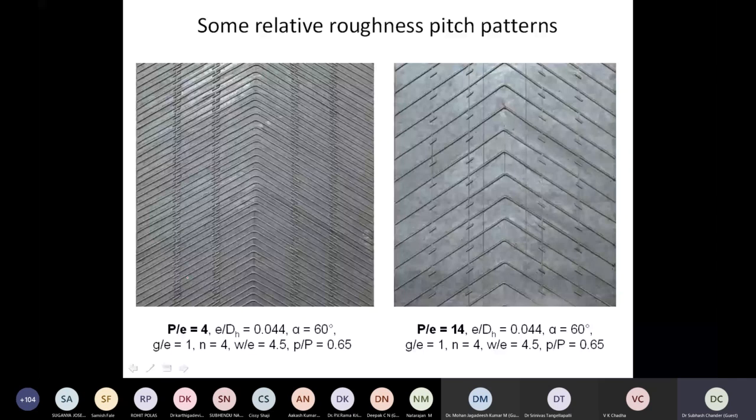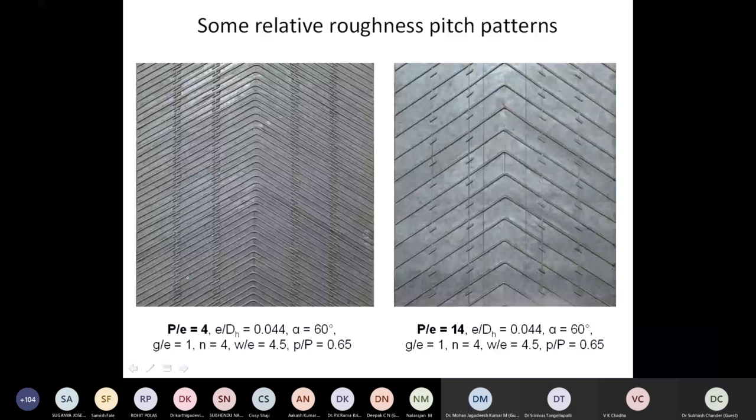This is one type, you can say, smaller pitch, smaller p-value on the left side, bigger p-value on the right-hand side. This is the clustering of the ribs. This is a rarefaction of the ribs. So two gaps, two staggered ribs. Difference in layout is there.